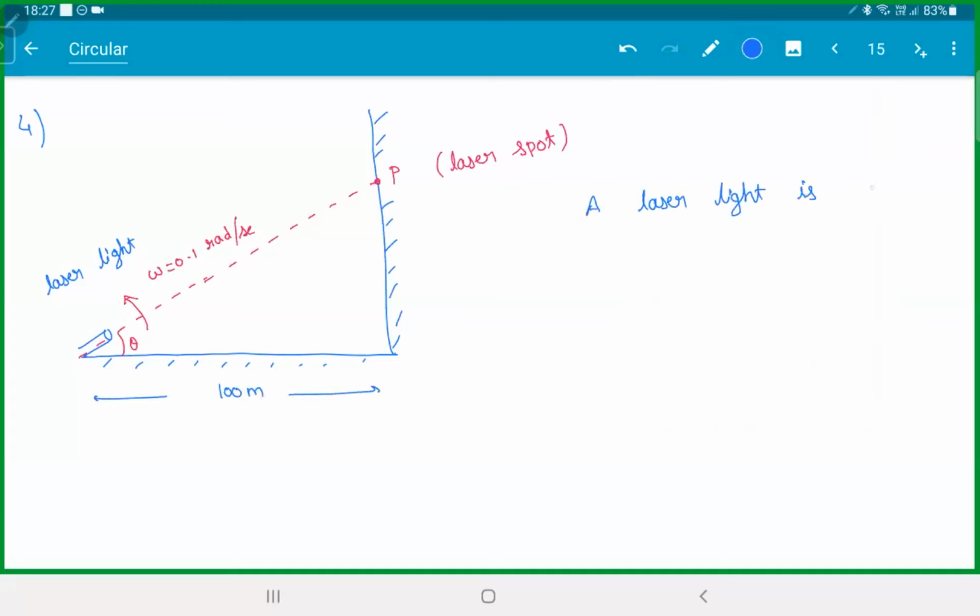A laser light is pointed towards a wall, and it is rotated by 0.1 radians per second.